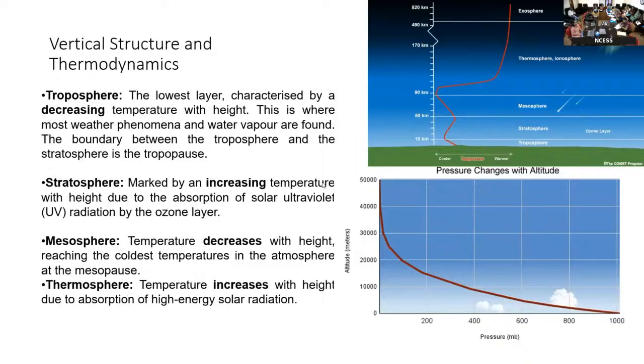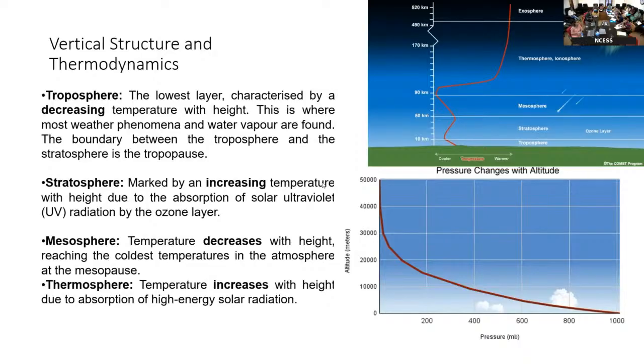That is the troposphere, and the next layer is the stratosphere, where temperature increases with height. You may have heard about the ozone layer. The ozone layer is present in the stratosphere, and ozone absorbs radiation, so as its concentration increases the temperature also increases with height.